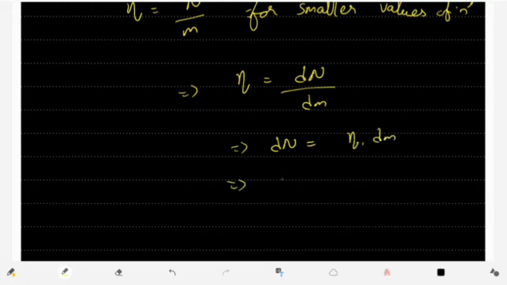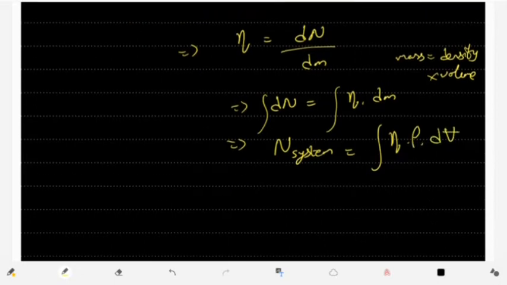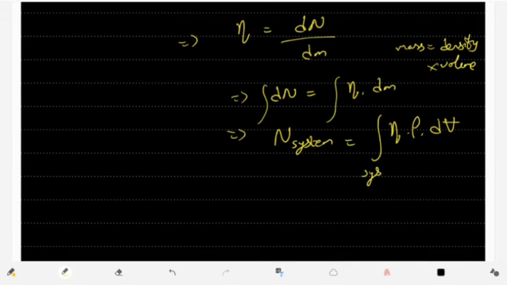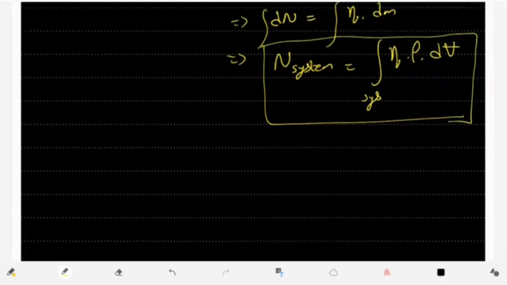Now integrating it, we get the capital N of the system equals integral of eta into dm, as mass equals density into volume, we can write it as eta into rho into dV. It is for the system. This is our main equation. Let us keep it apart.